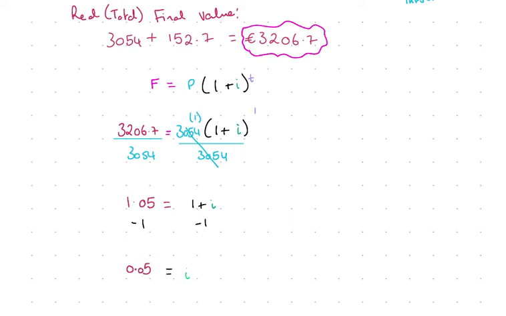So we've got 0.05. Now our answer is needed to be in a percentage. So if that's it in decimal form, we multiply it by 100 and we're going to get the value for I. Multiplied by 100 gives us 5, and it's per 100 now, so 5 percent.